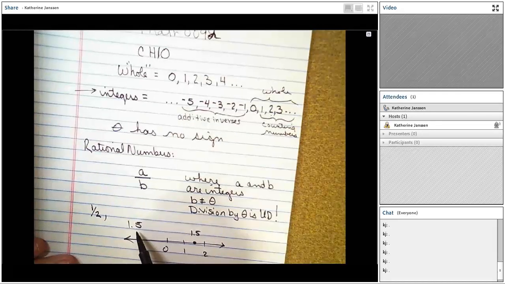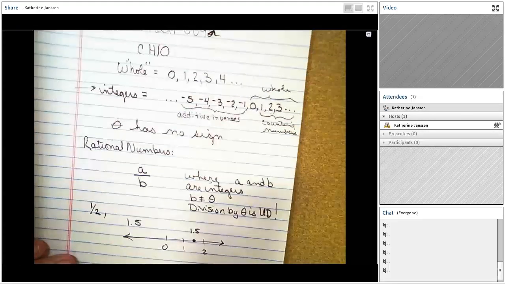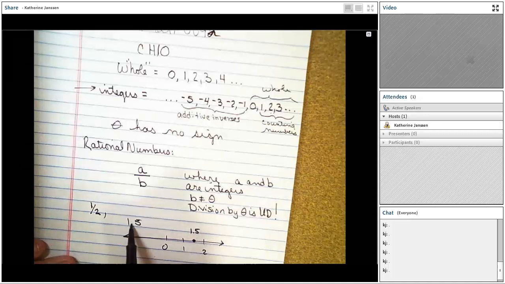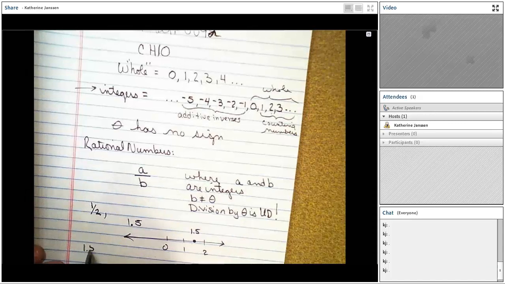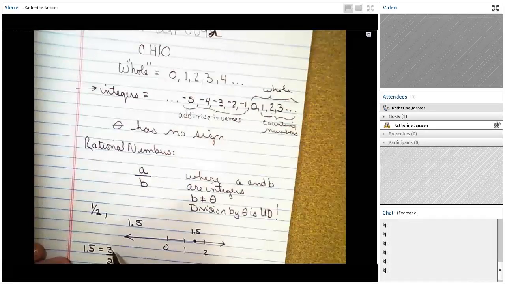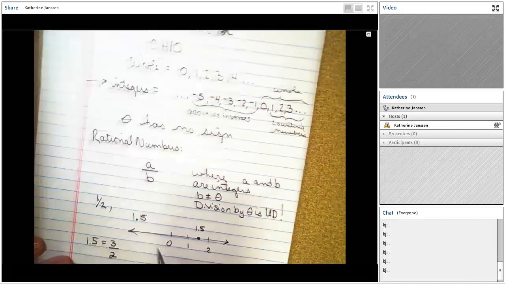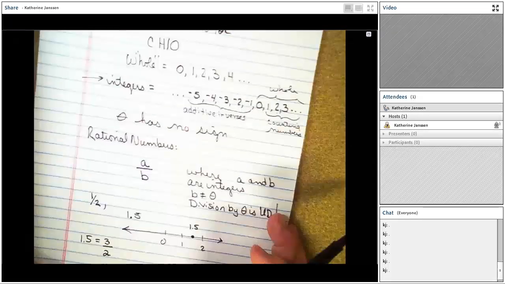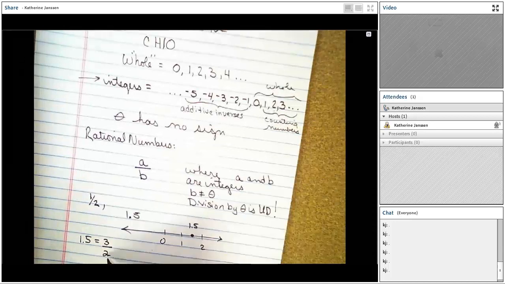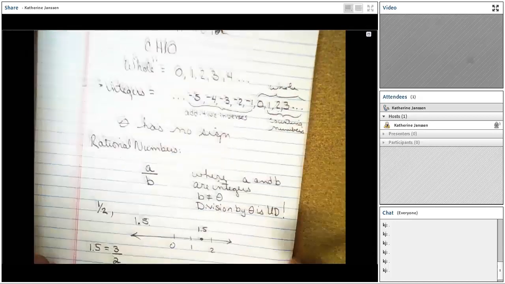And 1.5, we can recognize that as 3/2. And 3 is an integer, 2 is an integer, and neither are equal to 0 in the denominator. So a rational number in decimal format.